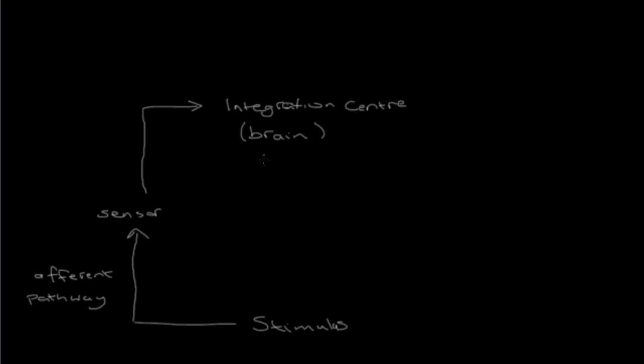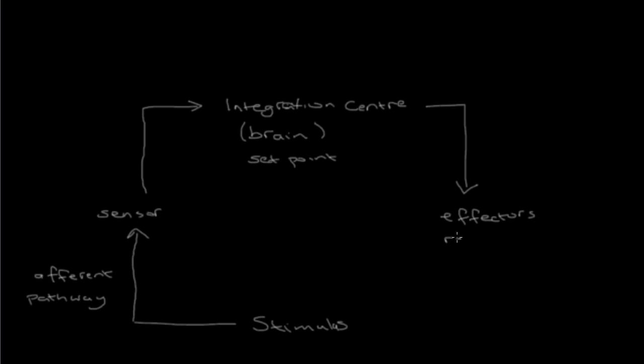So in the brain there's a set point. The brain compares the information it's got with a set point in it to tell it whether the stimulus is at that set point or not. So the set point for normal body temperature would be about 37 degrees. The brain will compare it with the set point to decide whether it needs to take an action or not. And if it does, it then sends a signal down to the effectors to change something.